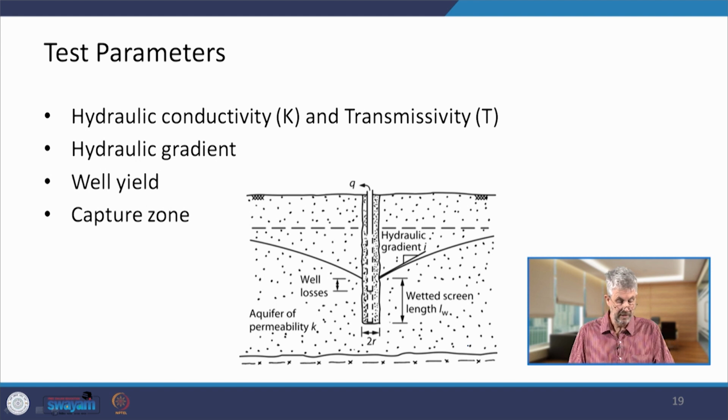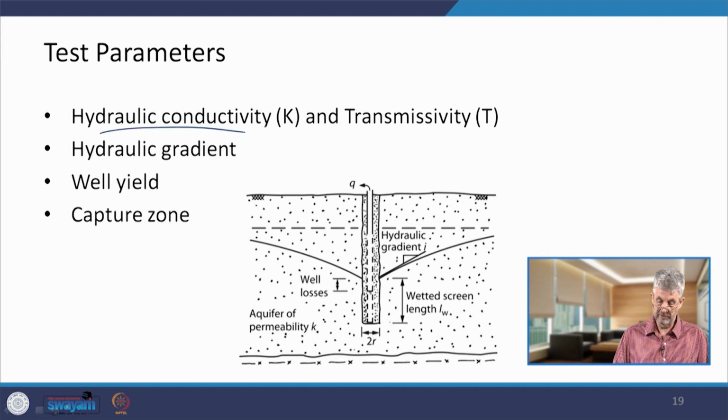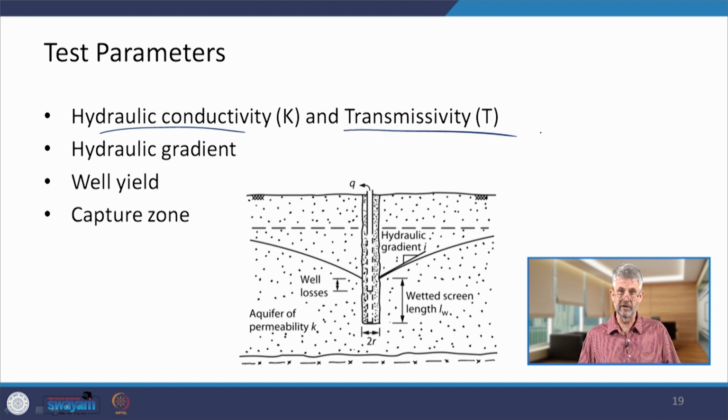field testing, it includes measuring hydraulic conductivity, which hydrogeologists know is a very important quality of the soil and the liquid, the transmissivity of the aquifer, how much water can be moved through a given cross-sectional area.